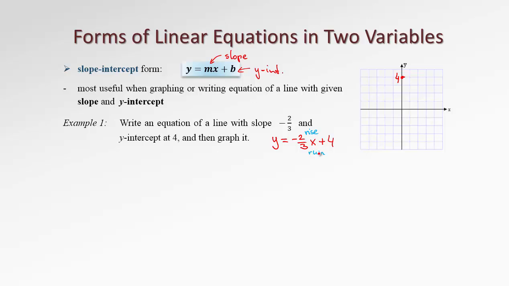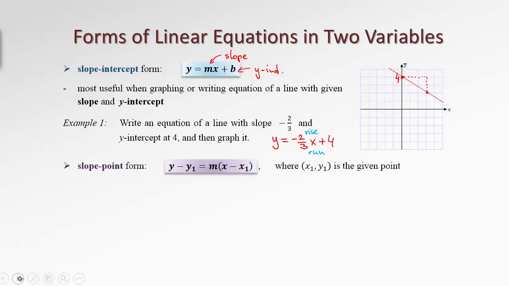So to obtain the next point, we're running 3 steps forward, and we're falling 2, falling because it's negative 2. So running 3 up to here and falling 2. That's our next point. Okay, so the line will have to pass through these 2 points. We're ready to graph. So let's take a ruler and graph this line.